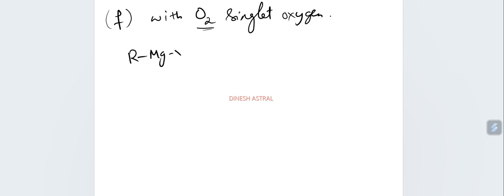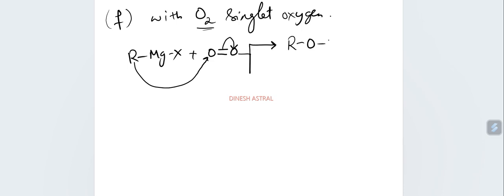Grignard reagent reacting with this oxygen. Here the carbon group will react with this oxygen. The pi electron will shift onto the oxygen. So here two situations arise.